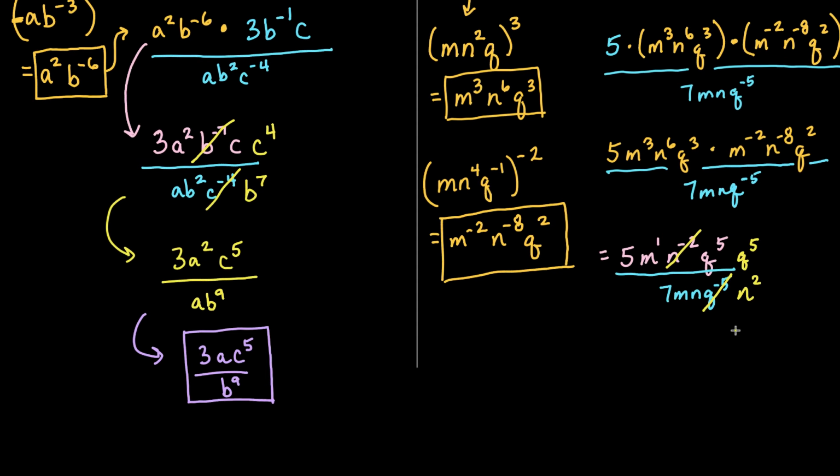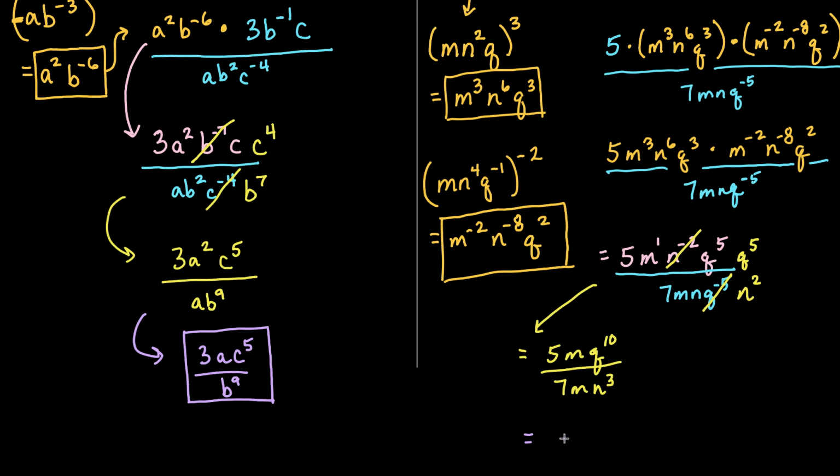There's more space, so we'll put it over here. 5m q to the 10th over 7, because we can't reduce these, and we don't have any more m. N to the 2nd.